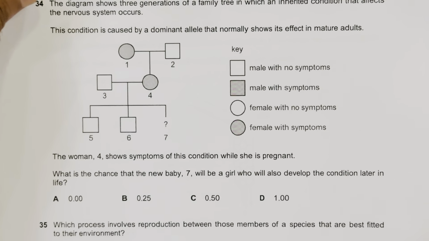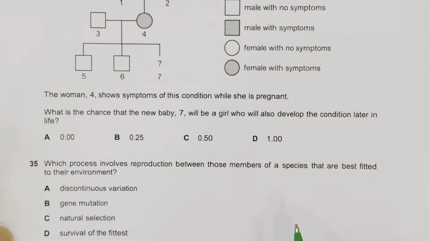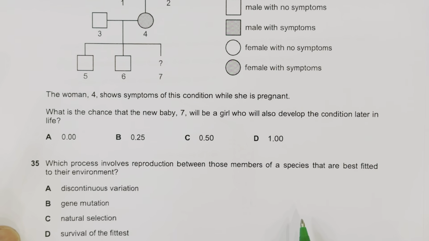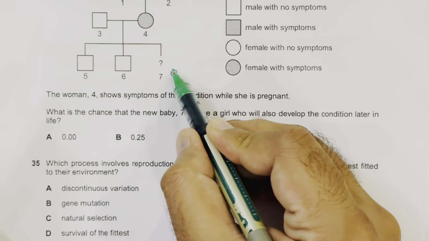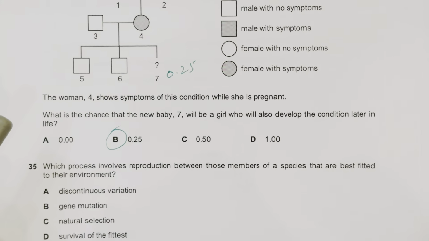The woman 4 shows a symptom of the condition when she is pregnant. What is the chance that the new baby 7 will be a girl who will also develop the condition later in life? So it should be 0.25, 25%. So option B is the right answer.